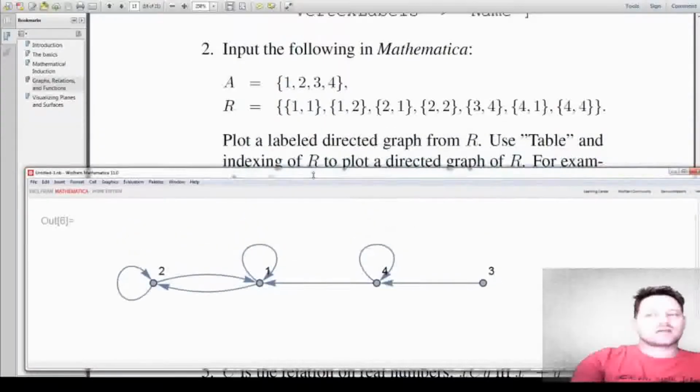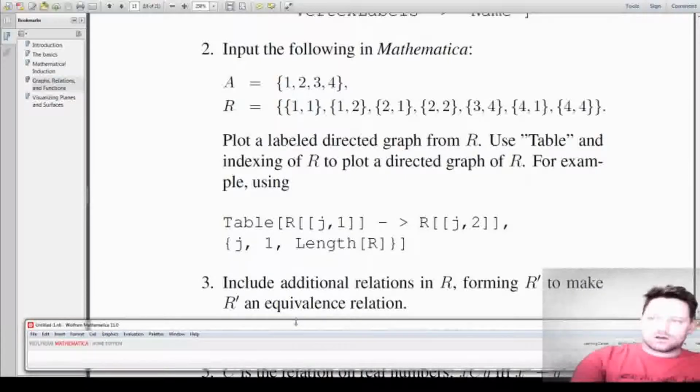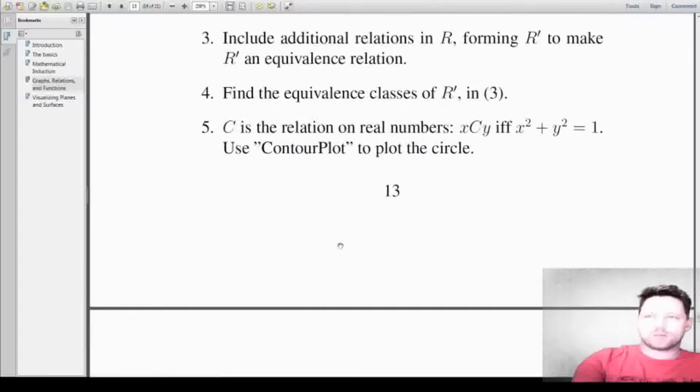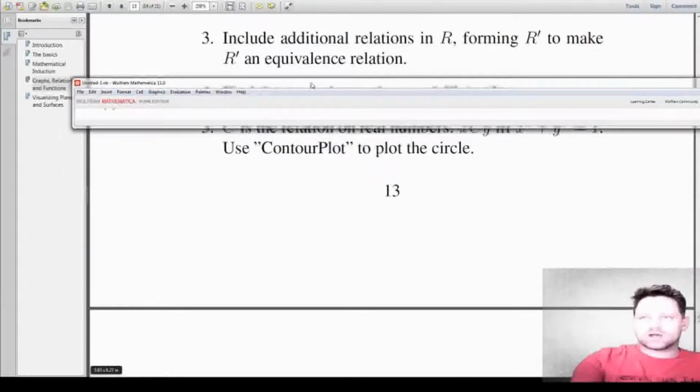Now let's have a look at what this says. Include additional relations in R, forming R', to make R' into an equivalence relation. Okay, so that's what we're going to do. So scroll this up, come back and open up Mathematica.